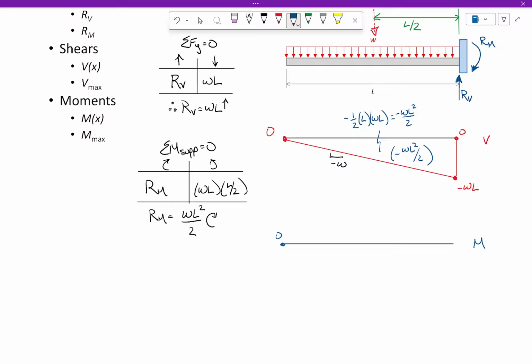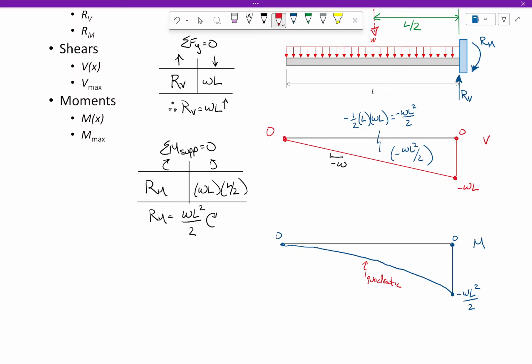So in this case, we'll call V max minus WL because I'm really interested in just magnitudes for the purposes of design. What's the biggest magnitude moment? And this is minus WL squared over 2. Biggest magnitude I see here, biggest magnitude I see here.